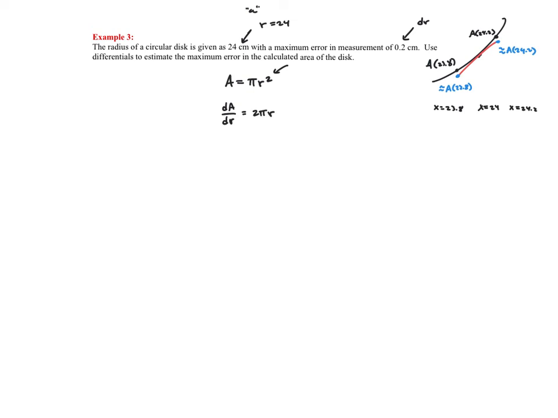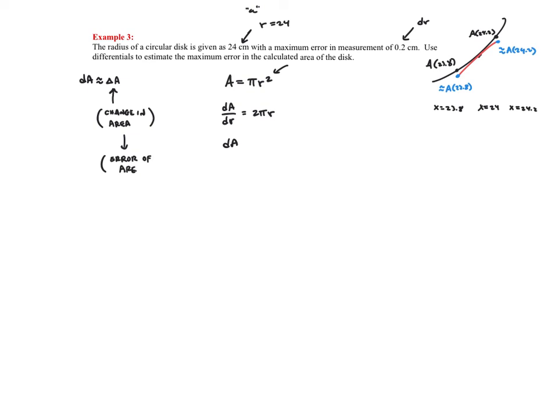pi r. So dA, remember dA is approximately equal to delta A. This is the change in area. Now, we think of it as change in area, but in the context of this problem, this is actually the error of area.